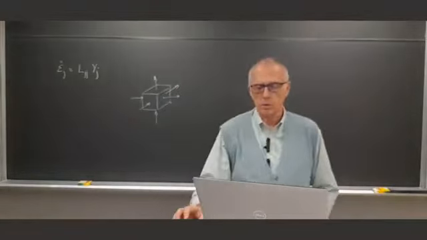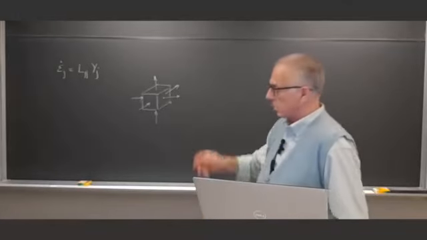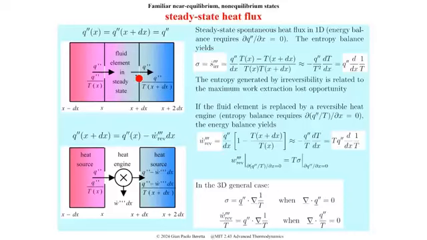The heat flux is a vector that has three components. And the equivalent of the energy balance here, this derivative of Q with respect to x equal to 0, becomes the divergence of the vector q double prime equal to 0. Or in this other problem, it becomes the divergence of the vector q over T, which is the entropy flux, equal to 0.